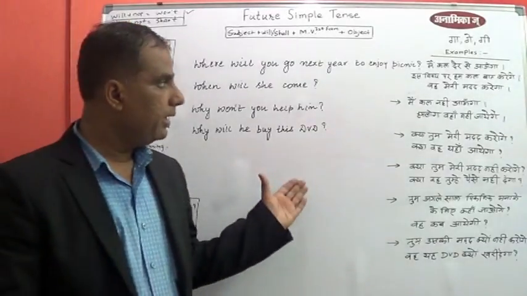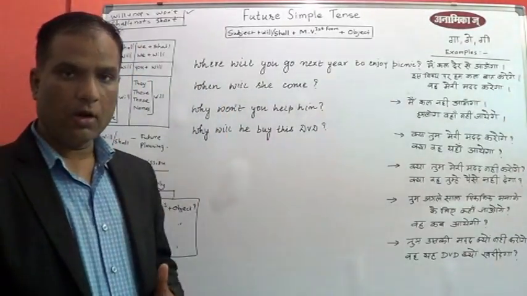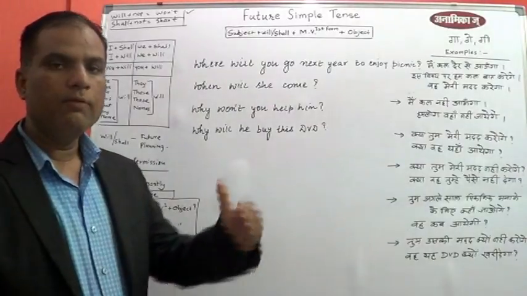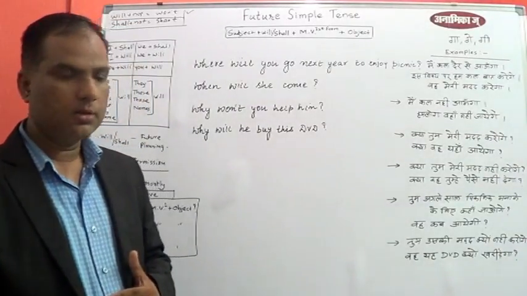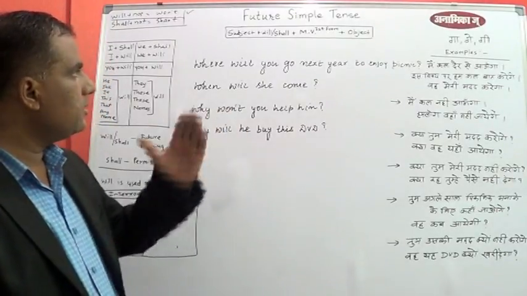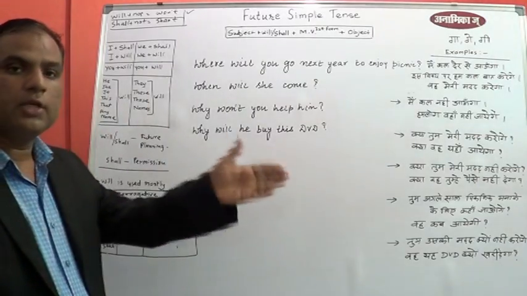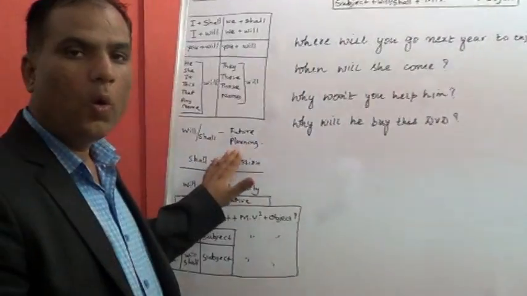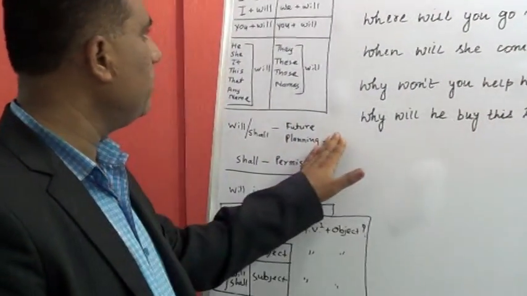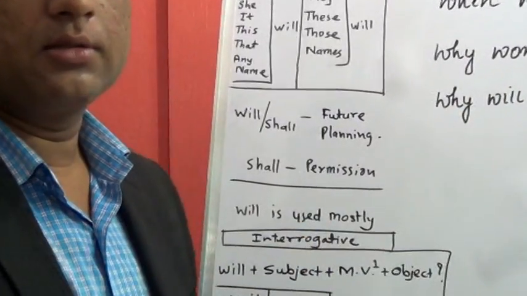So we have seen that future simple tense consists of all future actions. So if you want to practice the sentences of this tense, the best way is to think of any future activity or future planning. All the future plannings have to be spoken with the help of future simple tense.